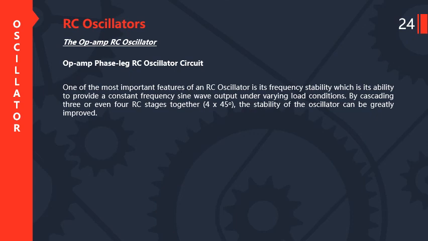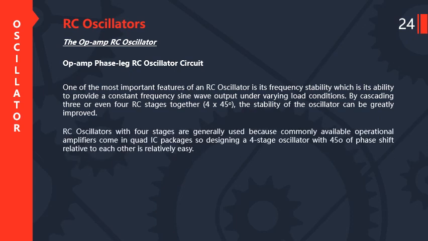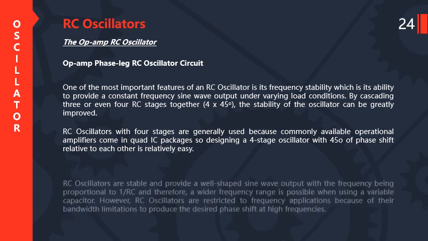By cascading 3 or even 4 RC stages together, 4 × 45 degrees, the stability of the oscillator can be greatly improved. RC oscillators with 4 stages are generally used because commonly available operational amplifiers come in quad IC packages. So, designing a 4-stage oscillator with 45 degrees of phase shift relative to each other is relatively easy.